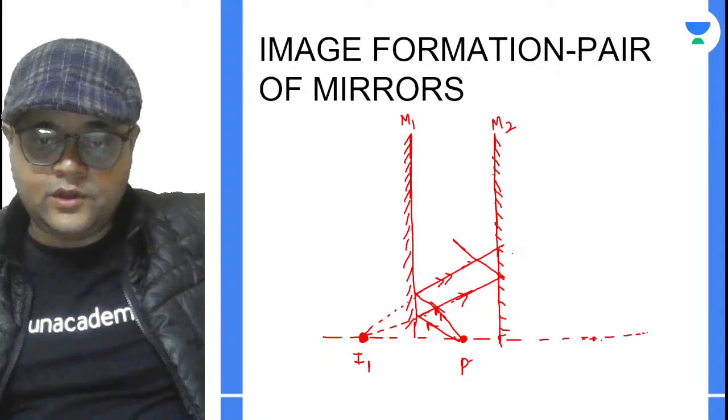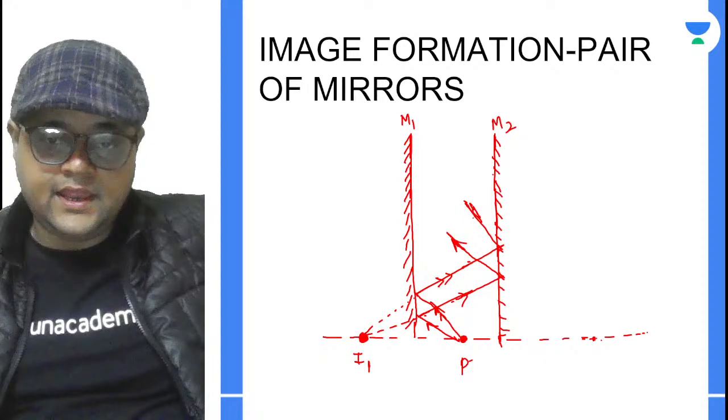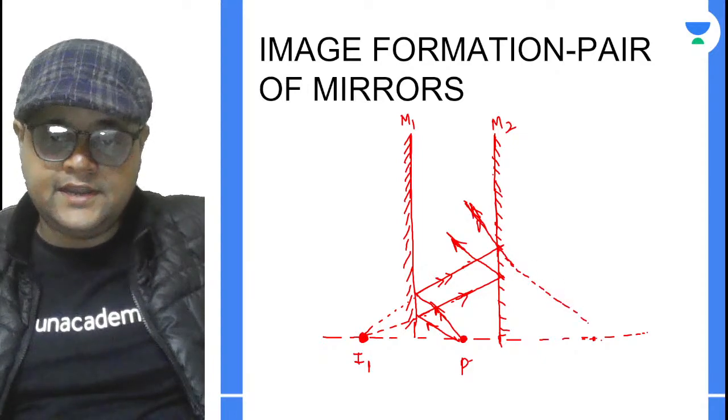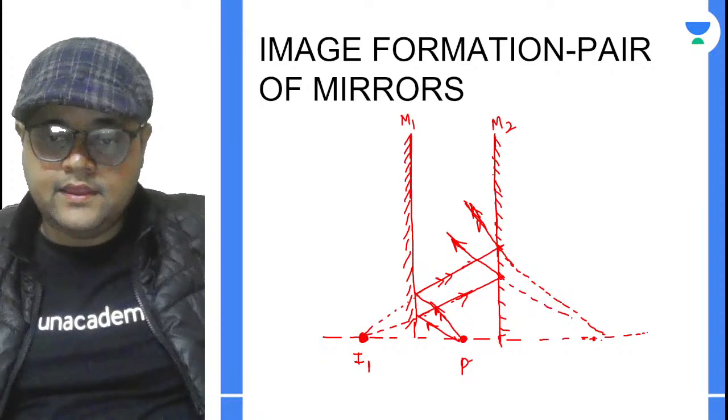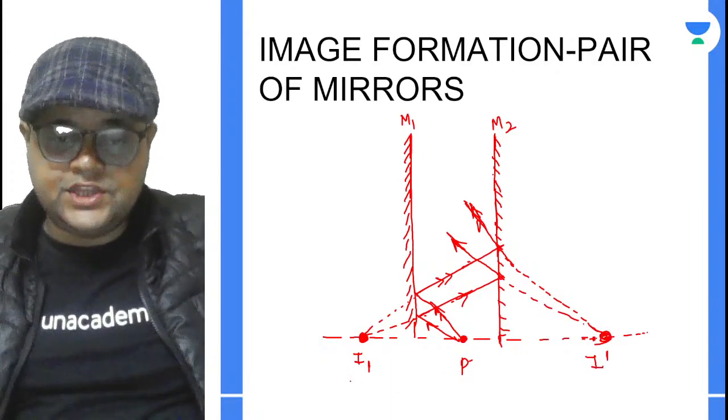The second ray will also be reflected. Both the rays, when we extend them back, meet at this point. So this will be the image for this object.